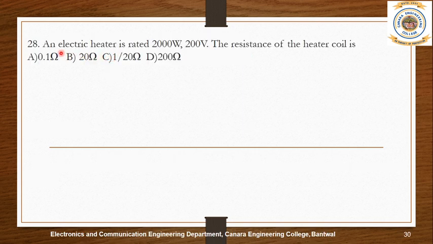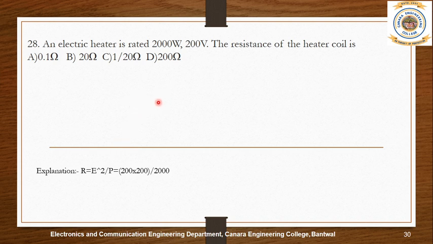Next, an electric heater is rated 2000 watts, 200 volt. The resistance of the heater coil is? So what is the relation between power and resistance?